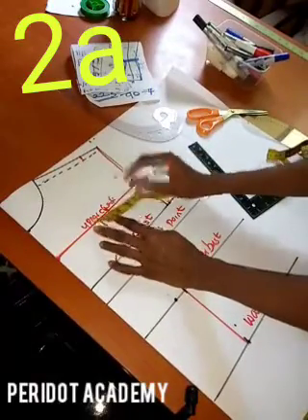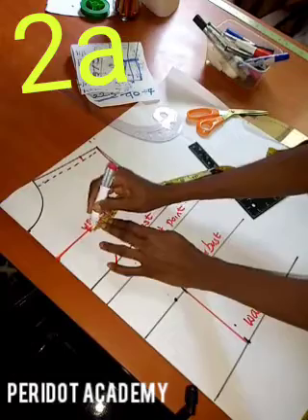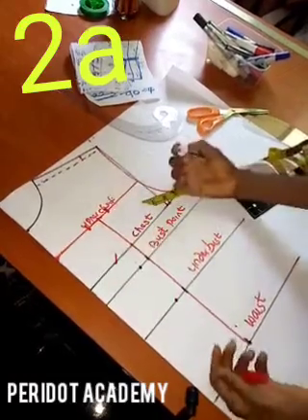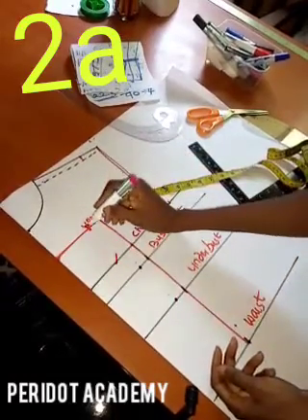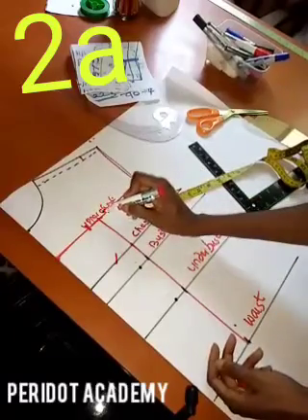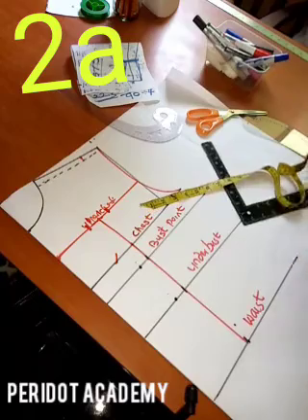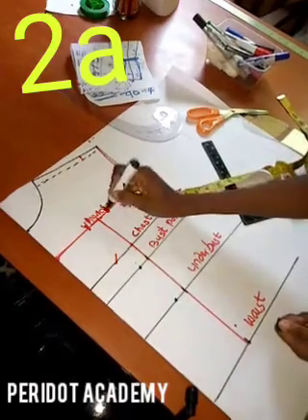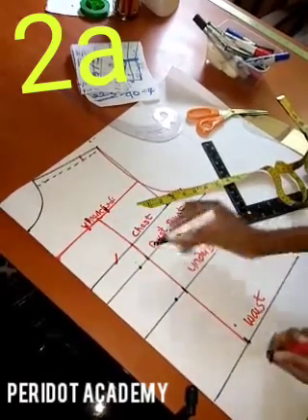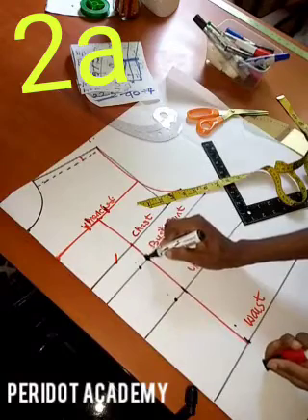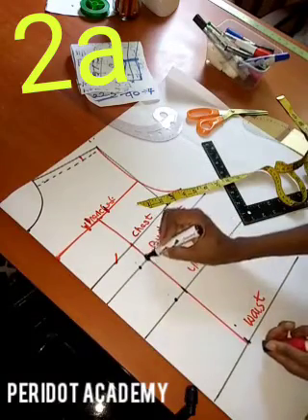You can do 1 inch here and 1 inch here, it depends on how sharp you want it. So 1 inch here, 1 inch here, and this is the bust point. This is where I'm coming.